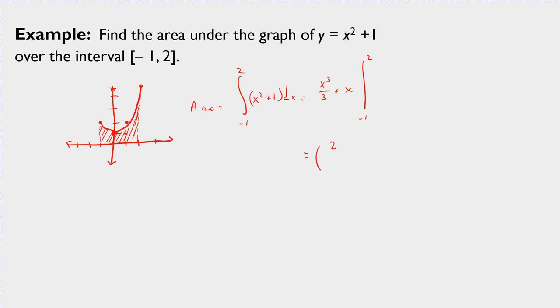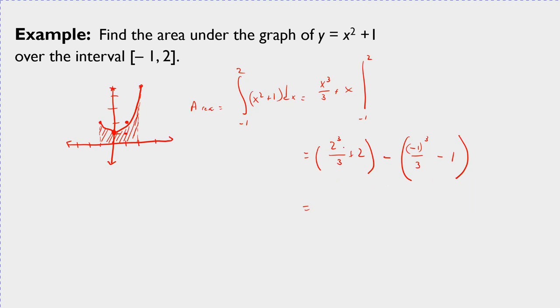So you're going to get 2 cubed over 3, plus when I plug the 2 in here, minus, and then in parentheses I'm going to plug in the -1. So you're going to get -1 cubed over 3, okay? And then plug the -1 in here, so -1.